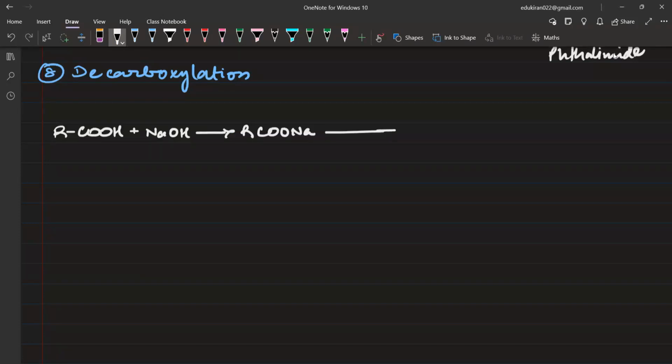Soda lime is actually a mixture of NaOH and calcium oxide. With a bit of heat, you will get an alkane with one carbon less, plus you will get Na2CO3, sodium carbonate.